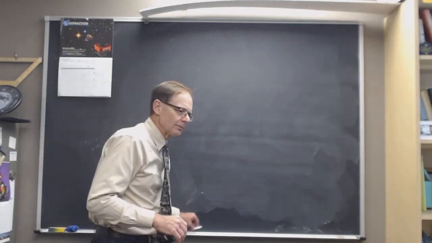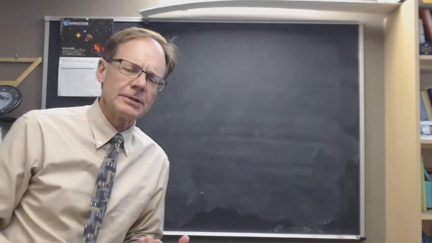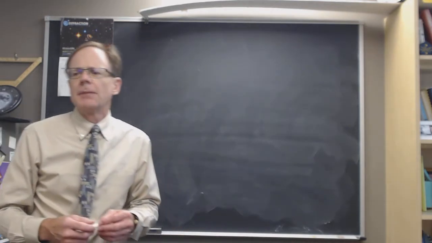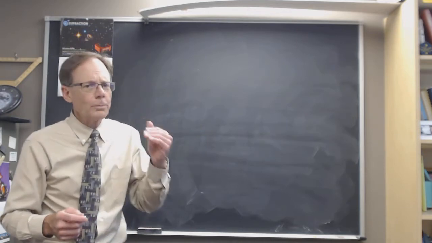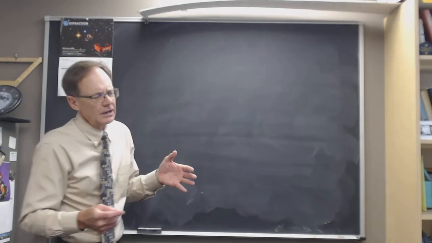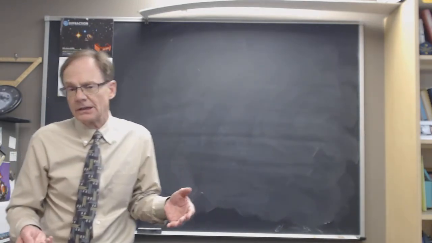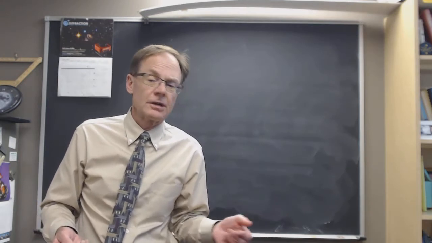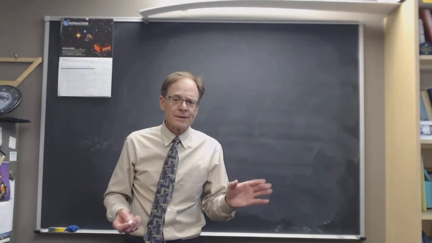But we always start with a little bit of an introduction to these objects. Presumably, you've been introduced to these objects before you do this exercise. But there are two distinct kinds of star clusters. Open star clusters tend to have a few hundred stars in them. They can have a lot less than that, a dozen stars or fewer, or they could have up to a few thousand stars in them.